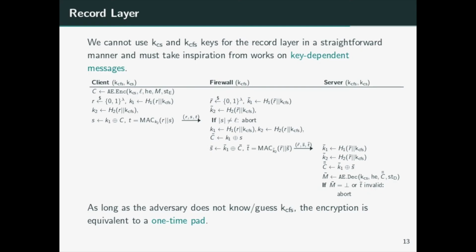The key KCS shared by the client and the server will be used to simply authenticate and encrypt the message that is sent. On the other hand, the key KCFS will have to be used in hash functions and in a MAC function in order to act as a one-time pad for the outside layer of the encryption.